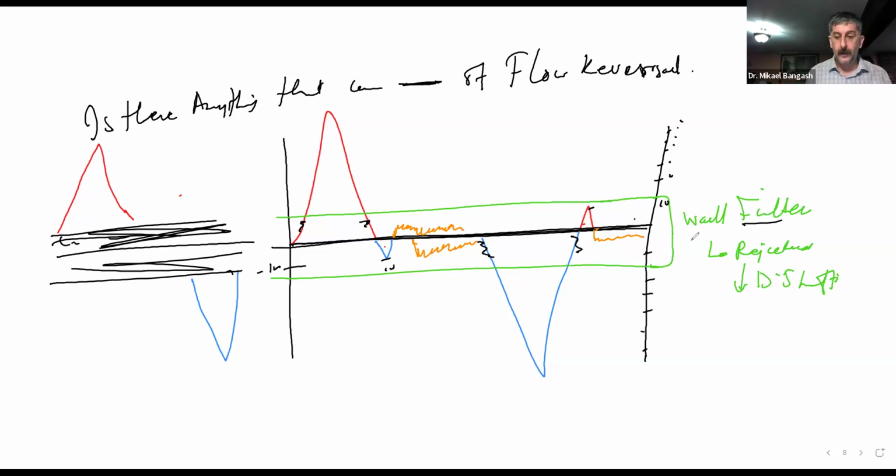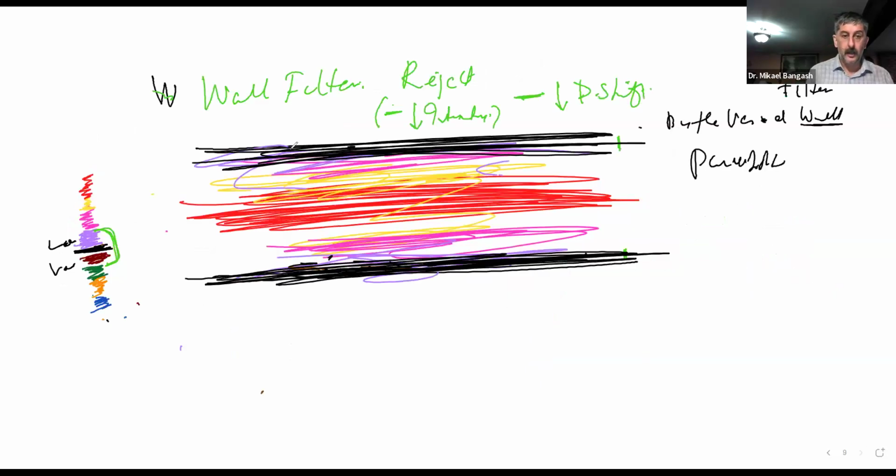Likewise, on a color Doppler, we can say it filters out the low Doppler shift frequencies, which in a blood vessel may have multiple, or let's just do it this way here, guys.